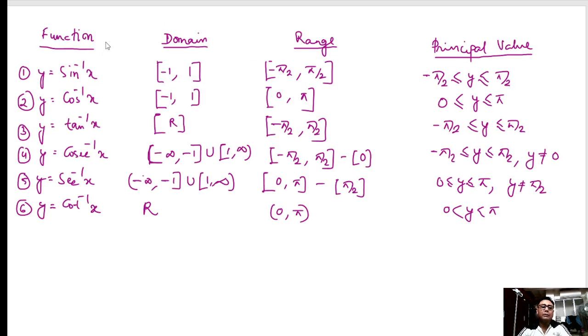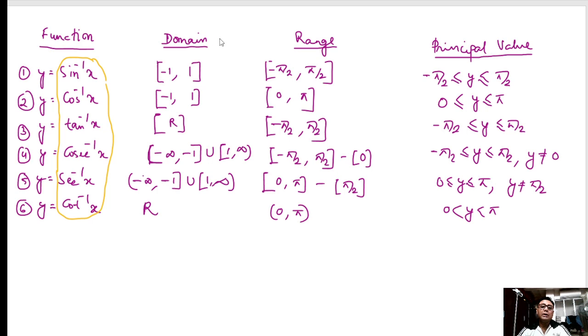First of all, here I want to tell you that we are discussing these different types of functions today, and you have to be very careful what type of things I am discussing. These are the different types of functions.